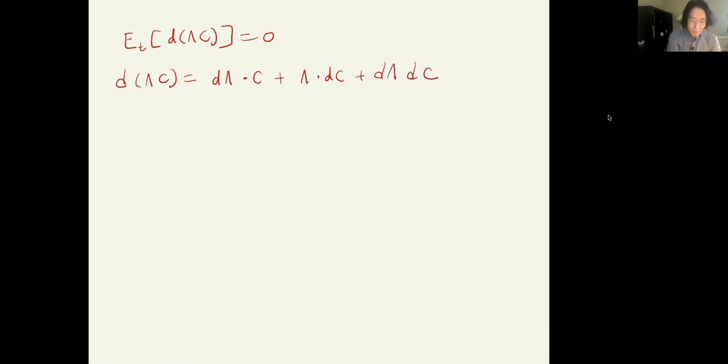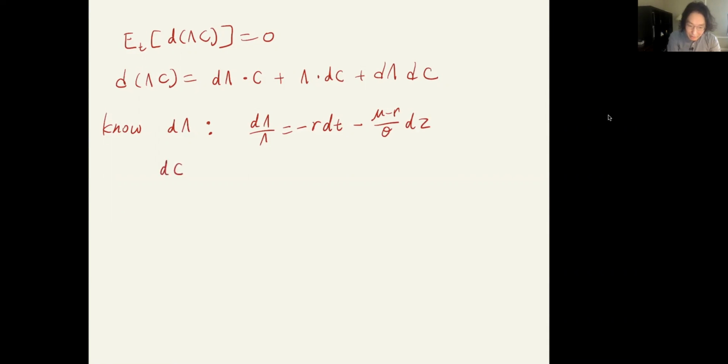And we know d lambda. How? d lambda over lambda has negative of the risk-free rate as the drift, and we had the market price of risk as the diffusion term.